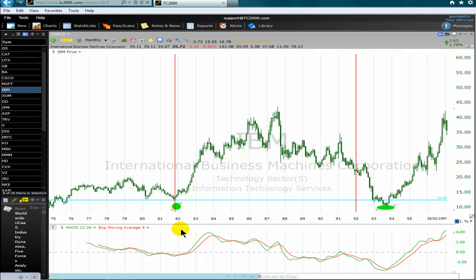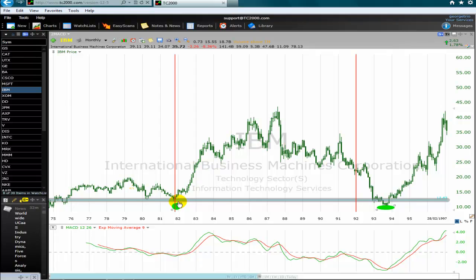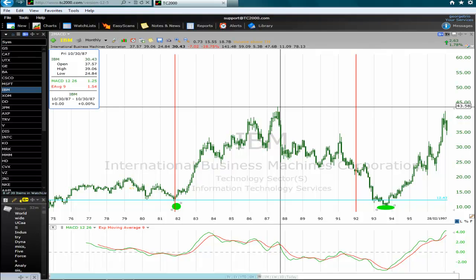Pay attention carefully. The stock starts from a level of roughly $12, and it starts going up. IBM went up to $43. So it would be great to buy here and hold from $12 and cash out at $43. Great investment, isn't it?